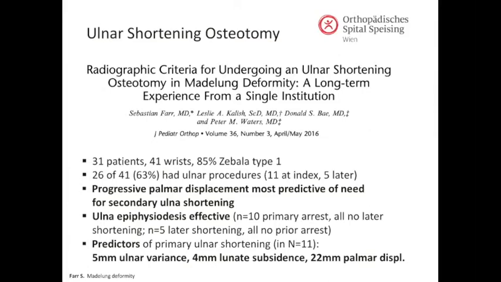So this was very important to show that ulnar epiphysiodesis is a factor to consider. The predictors, at least in the Boston cohort, for a primary ulnar shortening were 5 millimeters of positive ulnar variance, 4 millimeters of lunate subsidence, and 22 millimeters of palmar displacement. But of course, the external validity of these results is limited to this specific cohort and region.